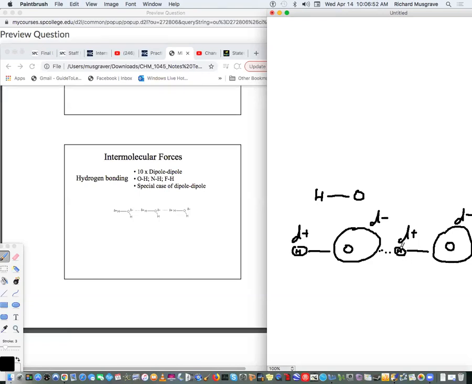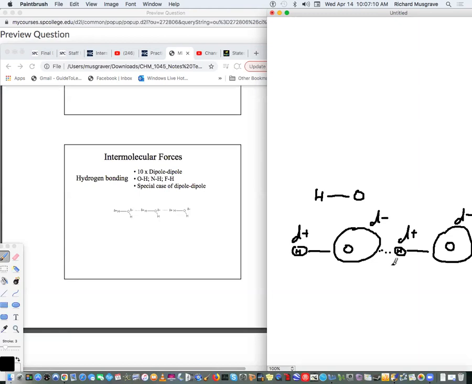And because that distance is shorter, the electrostatic attraction between the positive and the negative is much stronger than it would normally be between other atoms. So because of that, we get a much stronger intermolecular force occurring.